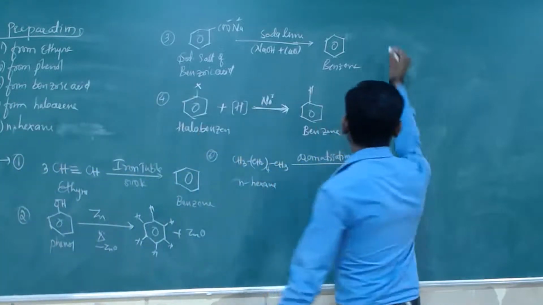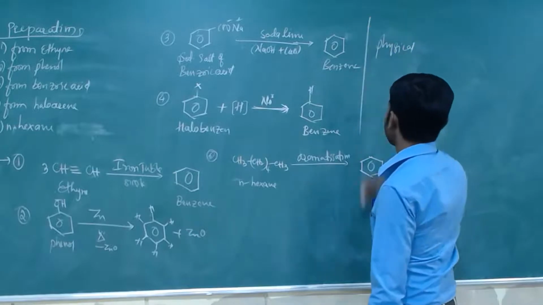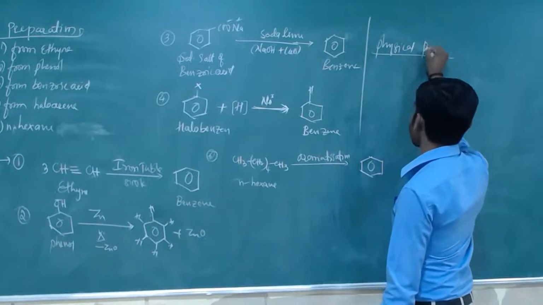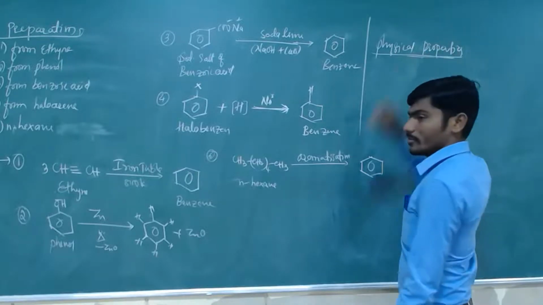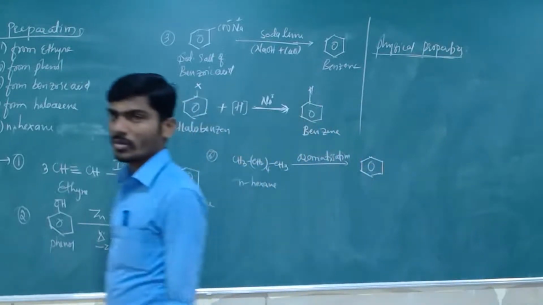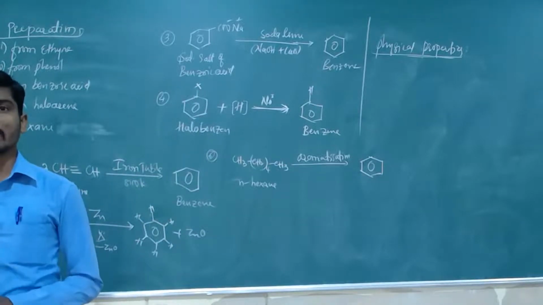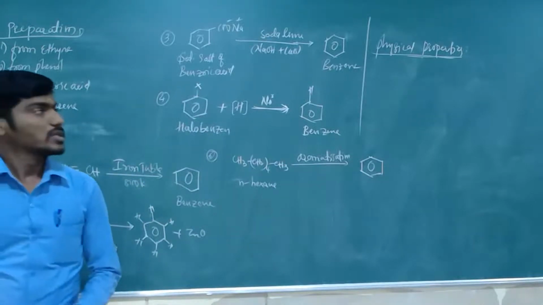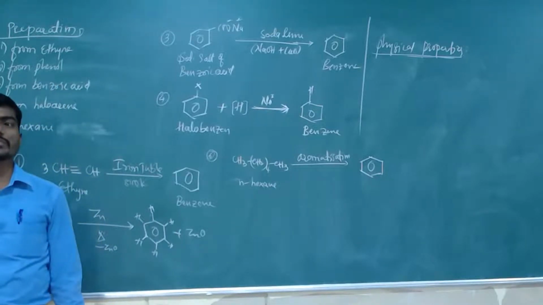Physical properties: physical state, solubility, density, melting point, boiling point, color, odor, etc. First point, physical state. Benzene has how many carbon atoms?